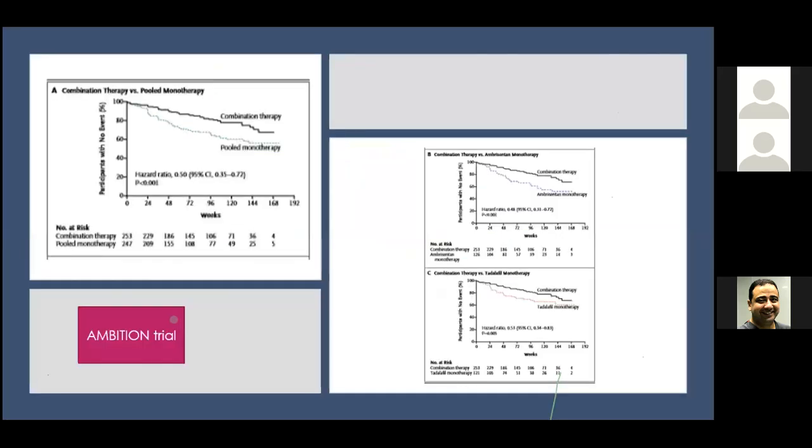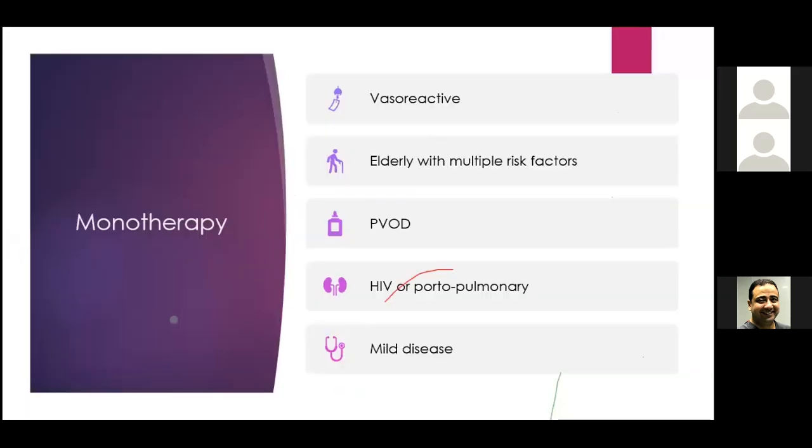So the data for combination therapy came from several trials, and the most important one is called the AMBITION trial, which compared ambrisentan with tadalafil in comparison with monotherapy, and they showed a favorable response regarding the hemodynamics.